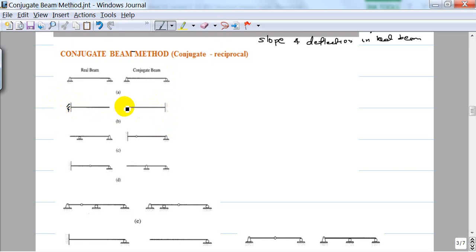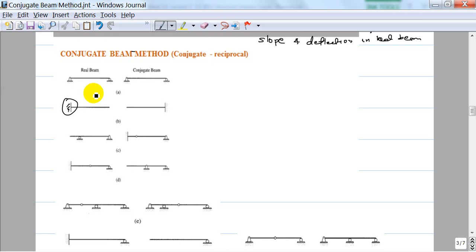In the conjugate beam, that should be free and fixed, because at this support you can't have a slope and a deflection. Slope and deflection of a real beam correspond to shear force and bending moment of a conjugate beam. So if you can't have slope and deflection in a real beam, you can't have shear force and bending moment in a conjugate beam.